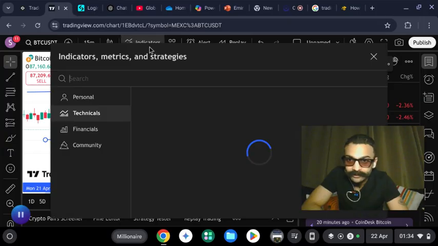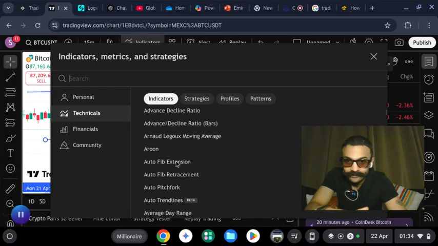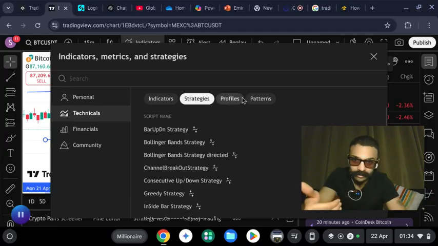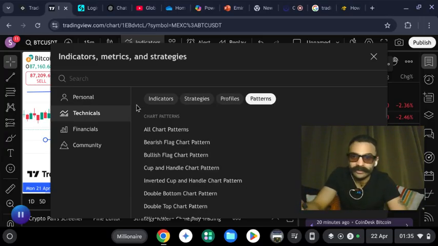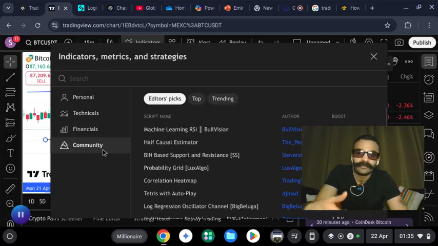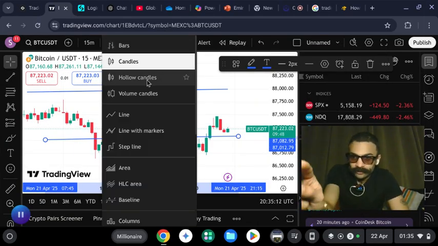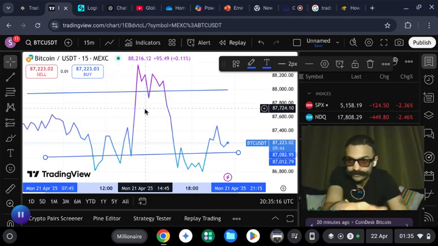See the indicators here, technicals. You'll see all of the things here. It's a bit complicated, but if you spend enough time, you will understand. It's not tricky. It's not something you cannot understand if you're really into it and want to understand it. From here you can change the chart view, like line.